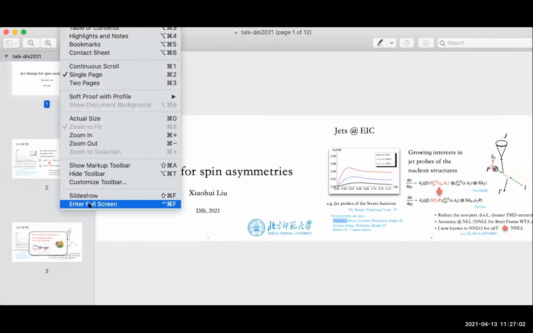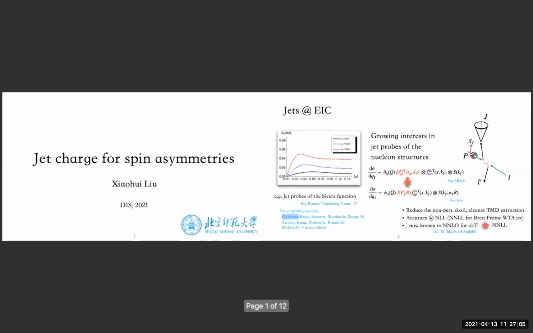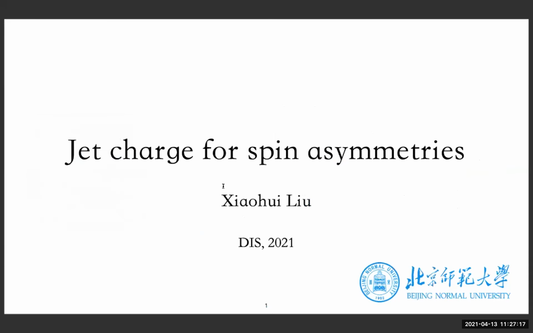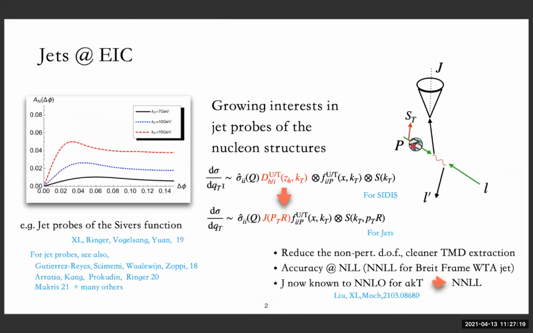I mean, perturbative KT dependence and non-perturbative KT dependence will be dropped from this factorization theorem if you study the TMDs in the center of mass frame, but not in the Breit frame.